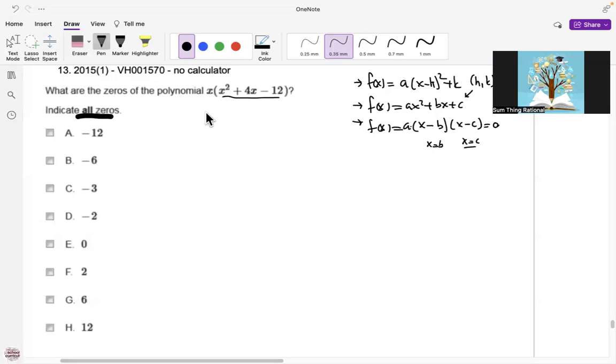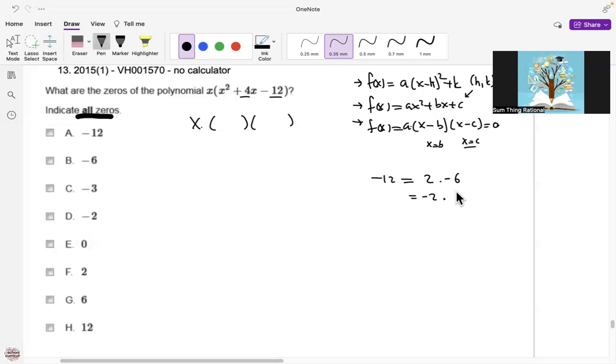So this is already factored: x times what times what. Since it is quadratic, we can factor x squared plus 4x minus 12. How can we factor? We are looking for two numbers whose multiplication is negative 12 and whose addition is positive 4. Maybe 2 and 6, but then the addition would be negative 4 or 8, so we can change the signs.